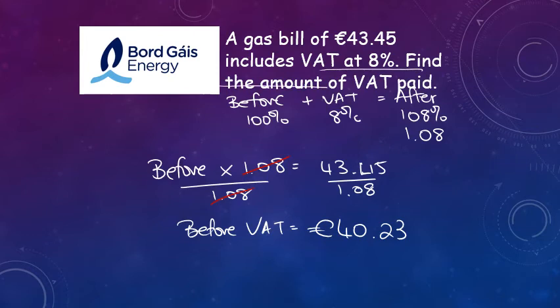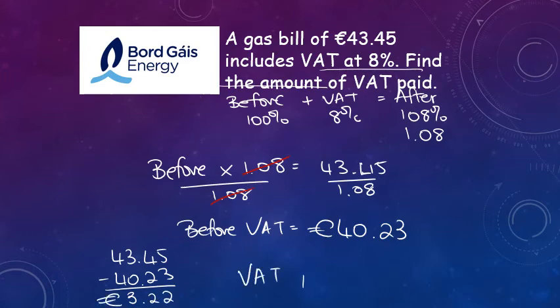So if you just subtract the price without VAT from the price that you had to pay, you're going to be left with 3.22. So the amount of VAT paid was €3.22. Okay, so that's just going back to the question that was specifically asked.